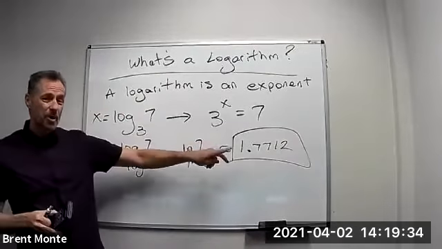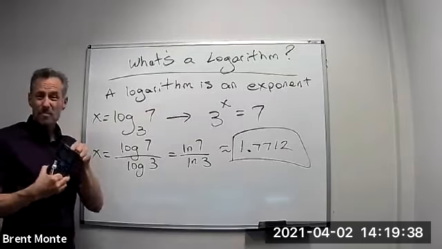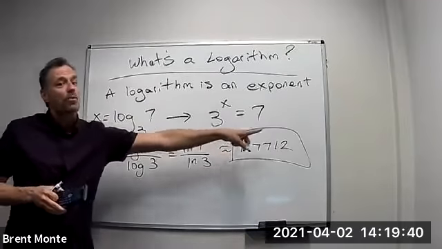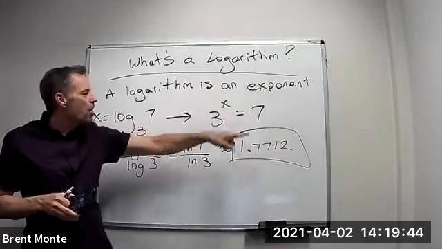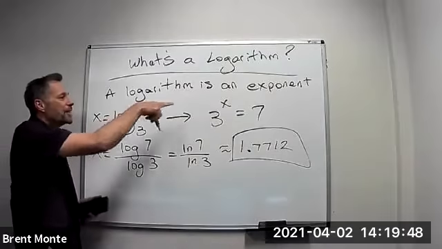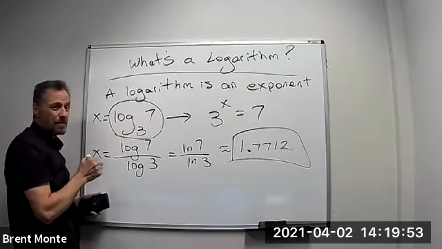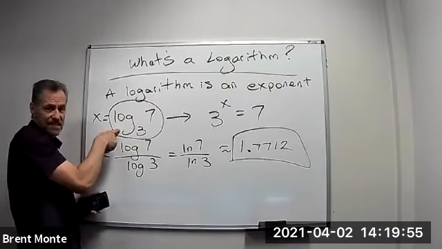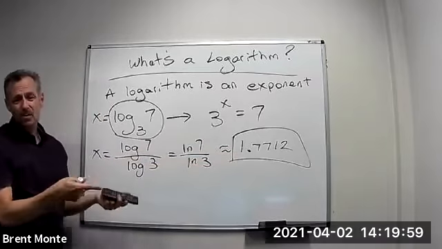So that's a calculator approximation, and I can put 3 raised to the power of my calculator's number without rounding it off, the whole exponent in, and I'll get exactly 7. Or I can put in this rounded number and I'll get approximately 7. But that's why we would write it as log base 3 of 7, because I haven't rounded anything off. This is an exact answer. This is an approximate answer because I had to round things off.